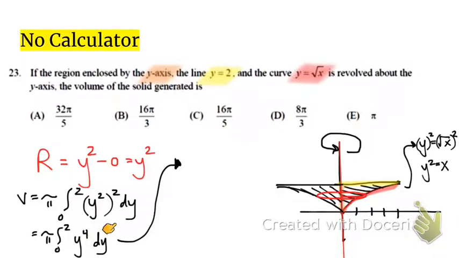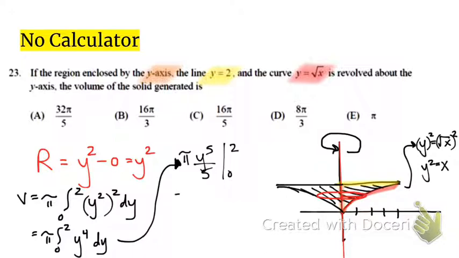Now this one, because it's a non-calculator, we actually do need to calculate this by hand. So I just wanted to pick up here, even though I'm pretty sure you know how to do the integral, I just wanted to make sure we were all on the same page as to how to do it by hand. The integral of y to the 4th dy, since y is the important variable, would be y to the 5th over 5. And we're evaluating from 0 to 2, and we have that pi in front.